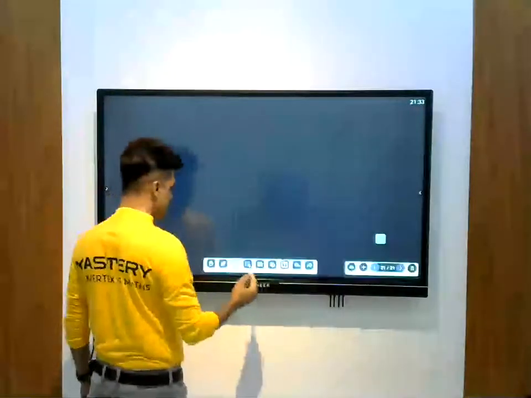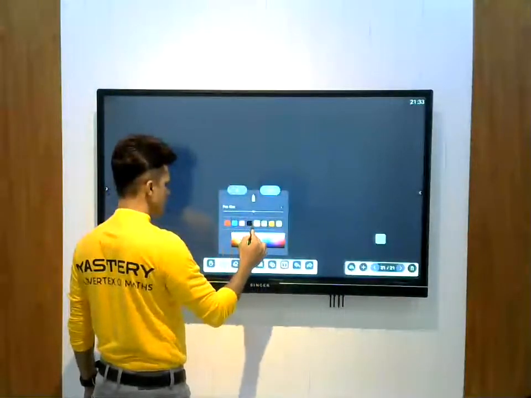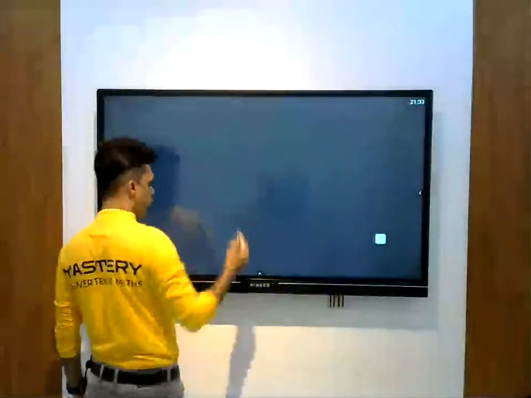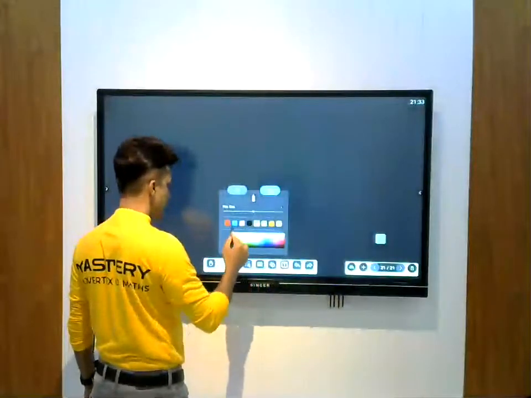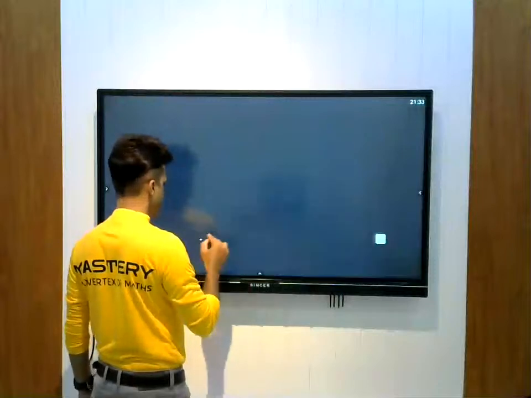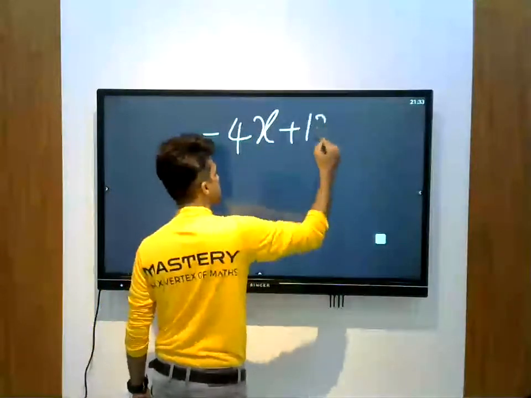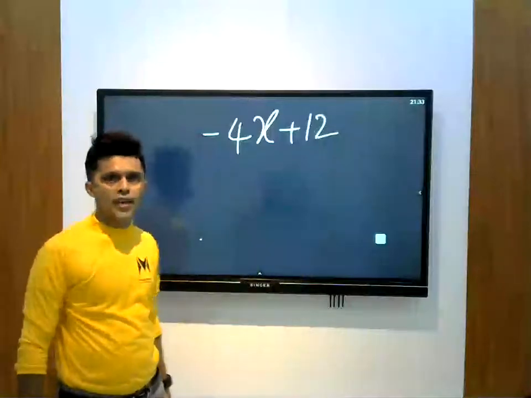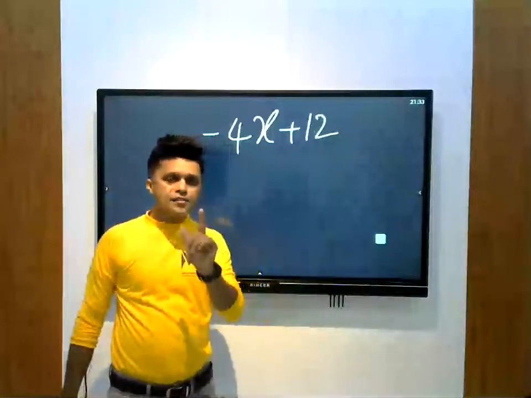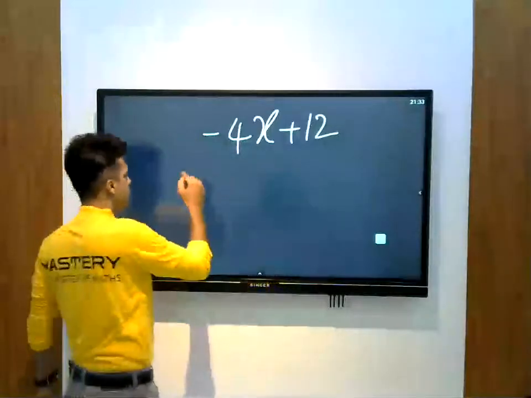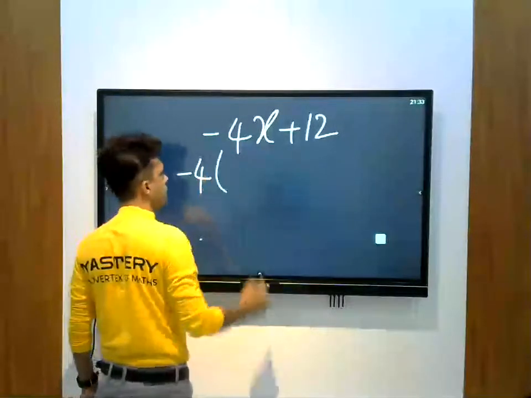Minus 4x plus 12. Take minus 4 as the common factor.